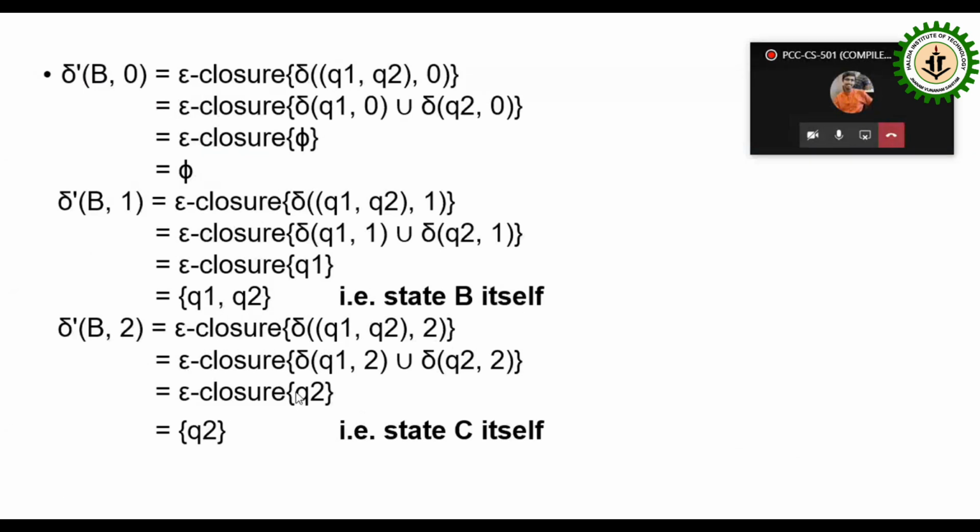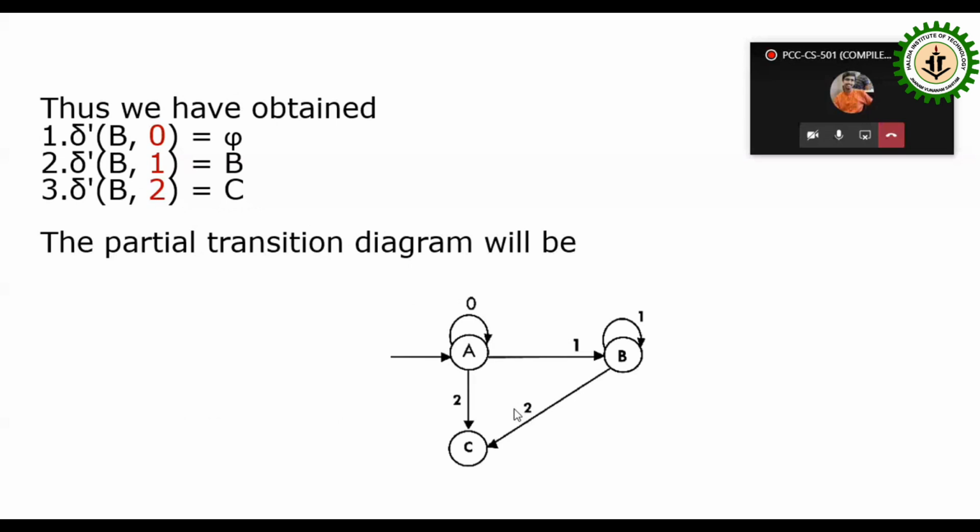For 2 input, that is reaching Q2 only, that is C itself. So for B on 0, 1, 2 that is phi, B and C.